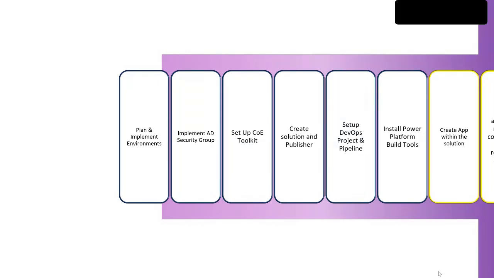After that, we have to set up the DevOps project and pipeline. This is to automate the pushing of your solution from one environment to another. So instead of manually exporting from dev, importing to test, exporting from test, importing to UAT, you can use this pipeline, click a button, and it gets pushed across to every environment.